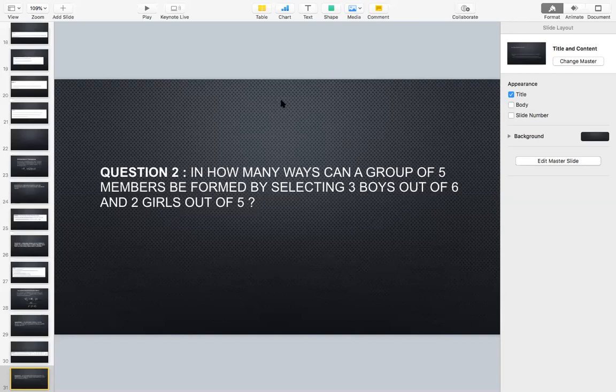The plus is wrong because we will go for addition only when the question is asking in how many ways can the boys be selected or the girls will be selected. Okay, but here we are going to select 3 boys and 2 girls. Since the word "and" is there, since we are going to do the process in succession, we will have to use multiplication.